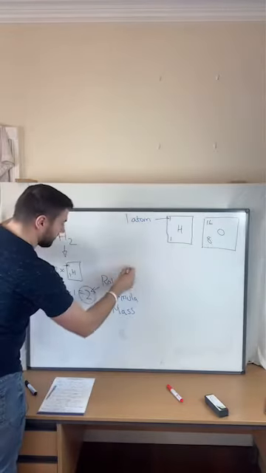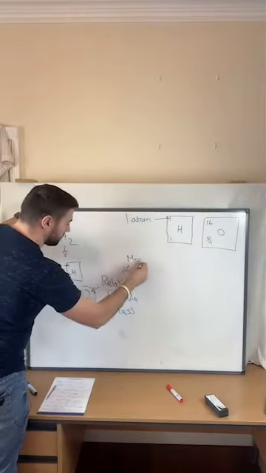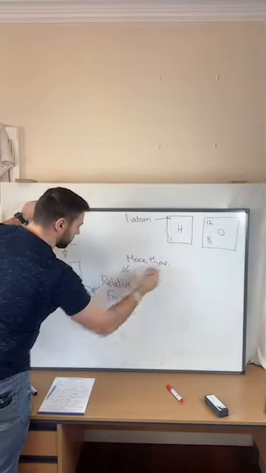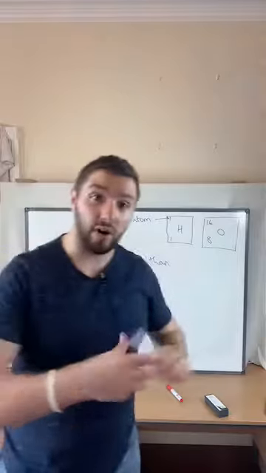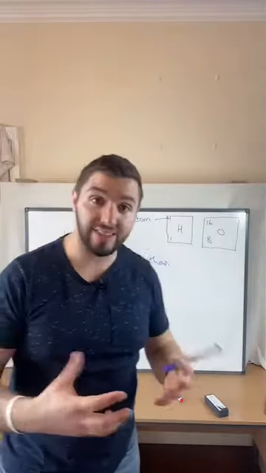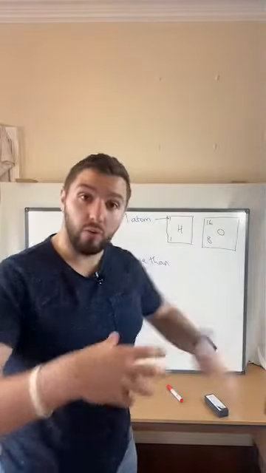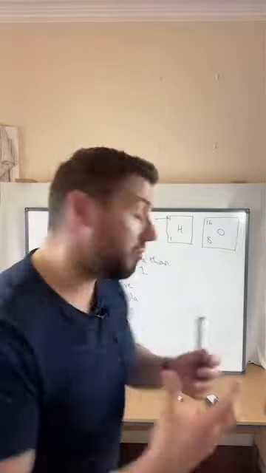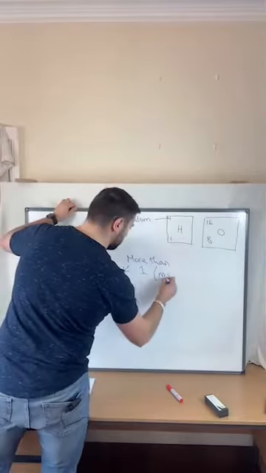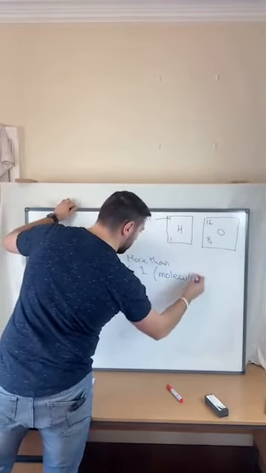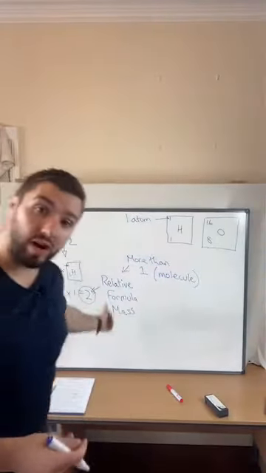This is for more than one. So if I'm dealing with a singular one, I'll call it the relative atomic mass. If I'm dealing with more than one atom, or if it's changed into a molecule, we can call that the relative formula mass.